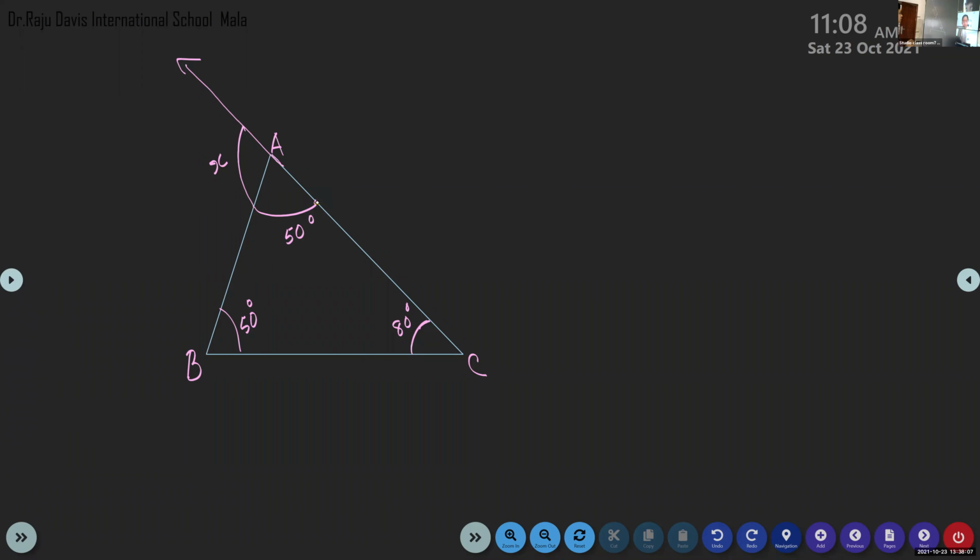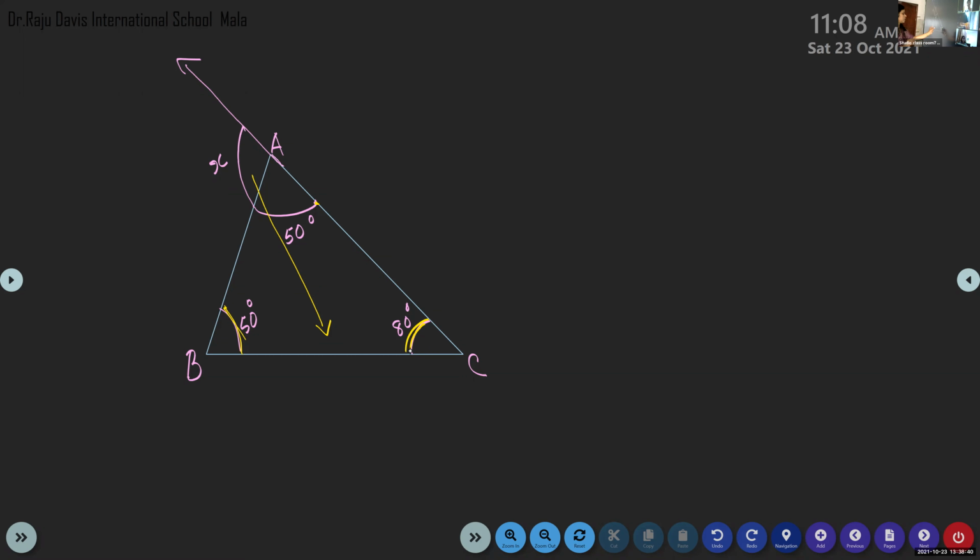And you should tell me which are the two opposite interior angles to X. Opposite means what? Ma'am, B and C. So these two angles lie opposite to X. First select the side which is opposite to it, then its angle.